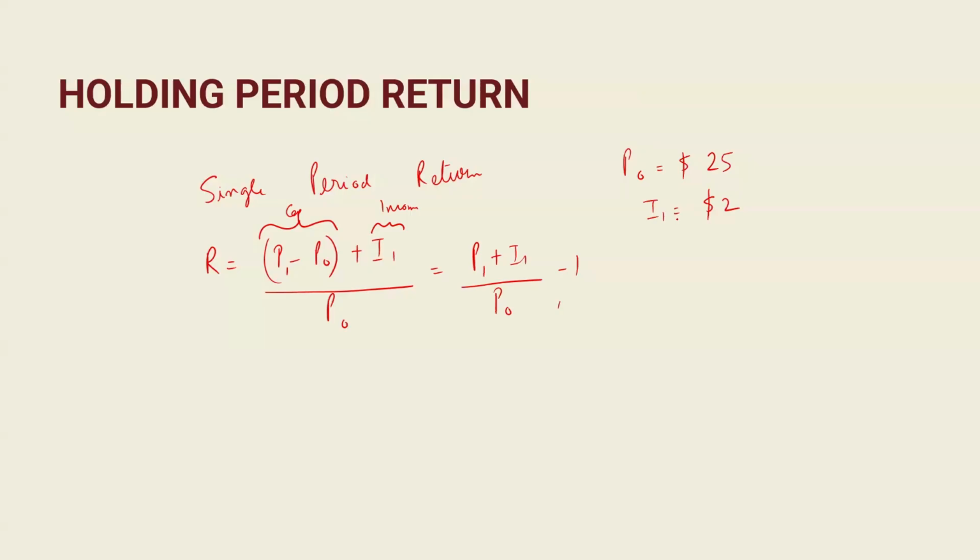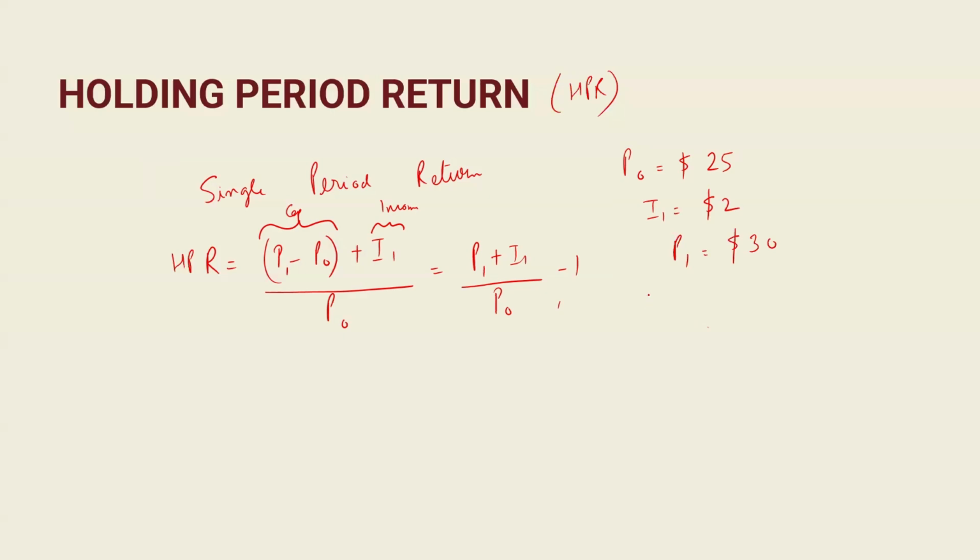Again, I'm giving a very high figure. And you have the final price, P1, as, say, $30. Can you tell me what will be the holding period return? The single period HPR. This is also known as HPR sometimes. What will be the HPR?